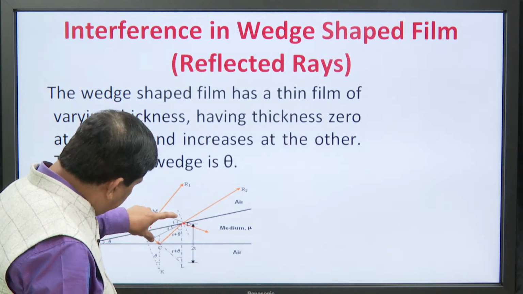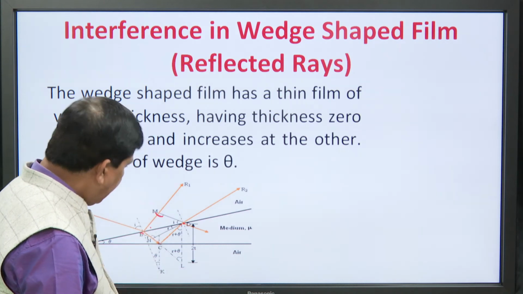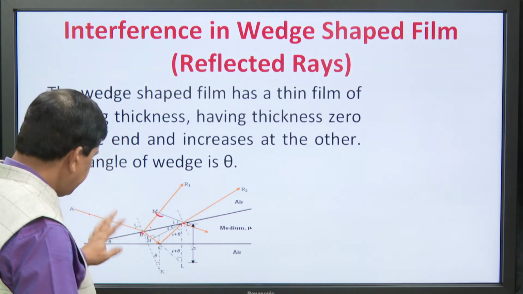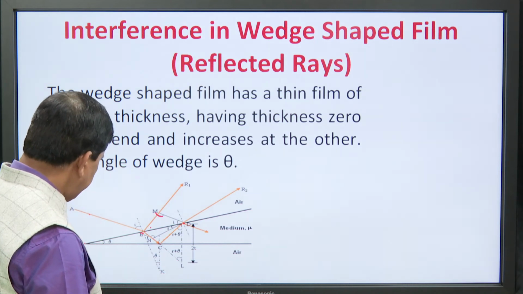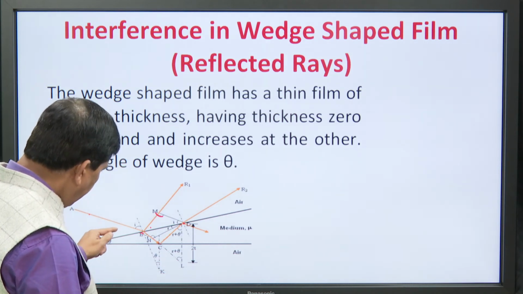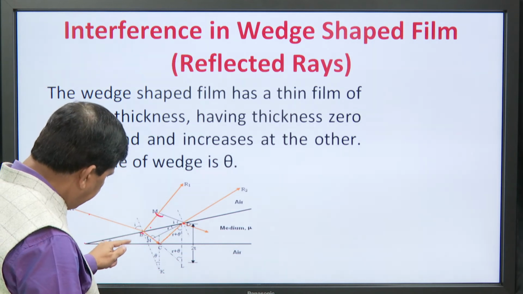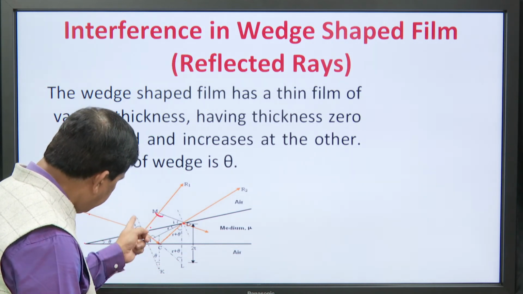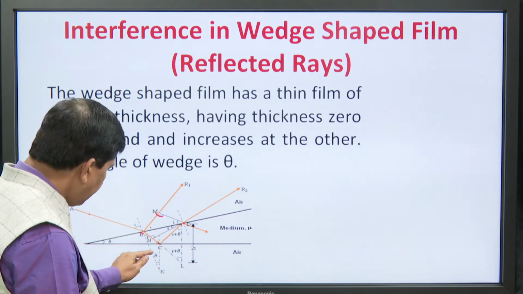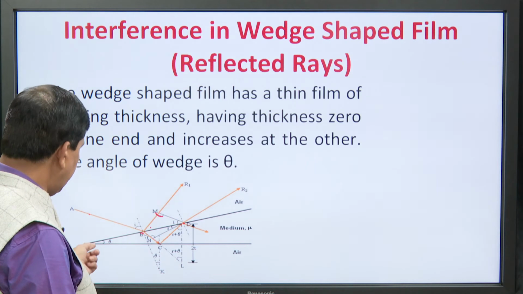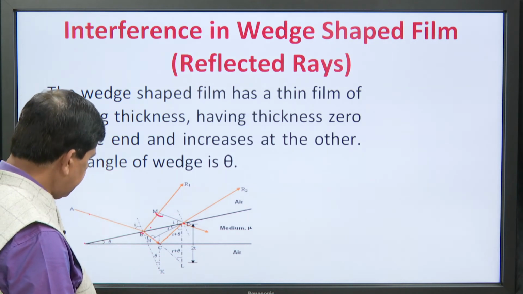We have to prove that CD and CL are equal. See this figure again. This is the angle of wedge theta. When we draw normals on the upper surface and the lower surface, this normal is on the upper surface, this normal is on the lower surface. So, this enclosed angle will be theta because this is the angle of the wedge.